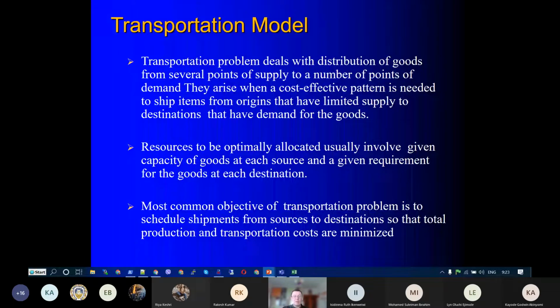So, clear by itself, the transportation problem deals with the distribution of goods from several points of supply to a number of points of demand. The arrangement is cost-effective: a partner needs to ship items from regions that have limited supply to destinations that have demand for these goods.